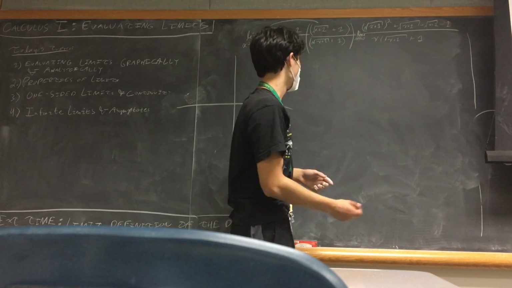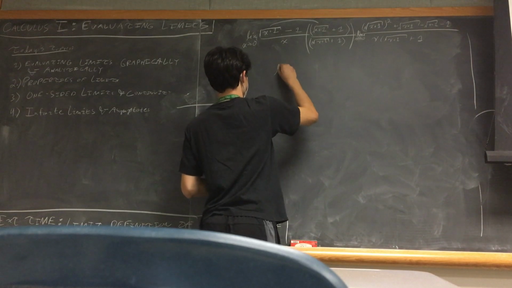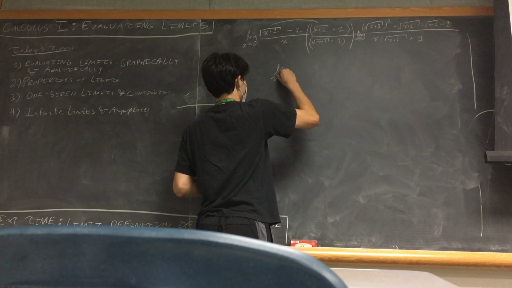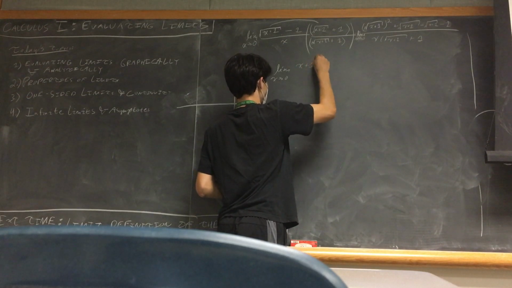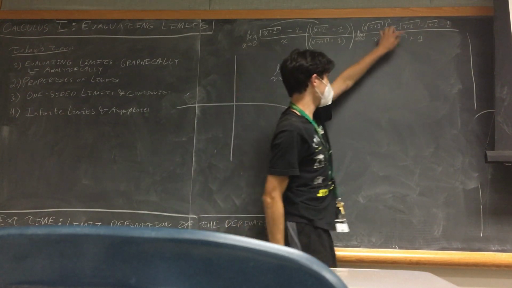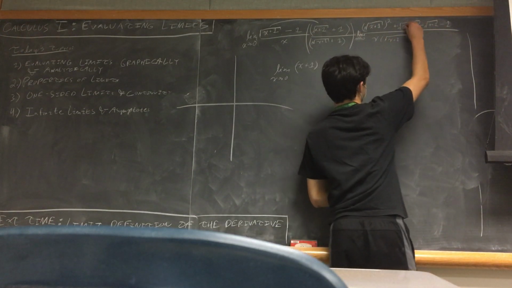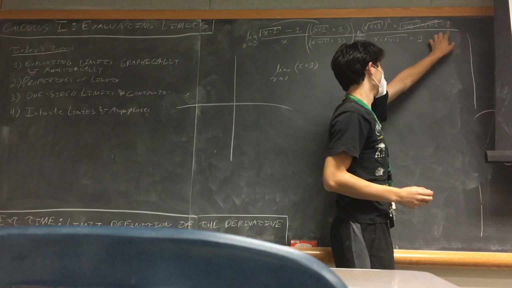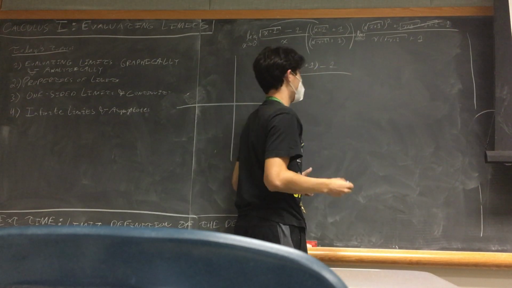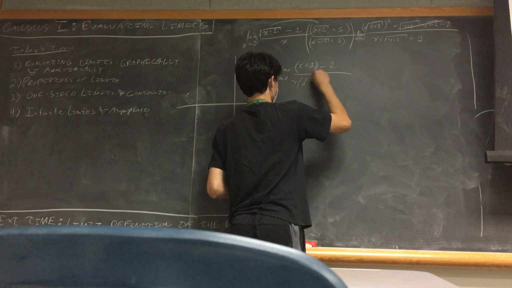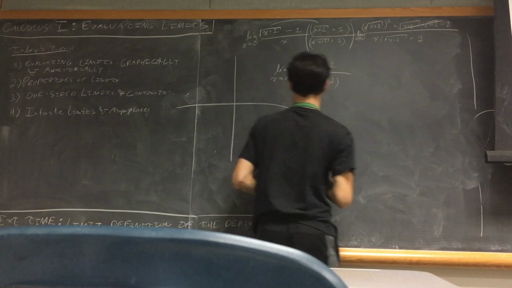Now we look, and why this is nice is when we square the square root, it cancels it out. So we get the limit as x approaches 0 of x plus 1. This here, the positive square root of x plus 1 minus square root of x plus 1, these cancel. And we have our minus 1 at the end, divided by x times square root of x plus 1 plus 1.